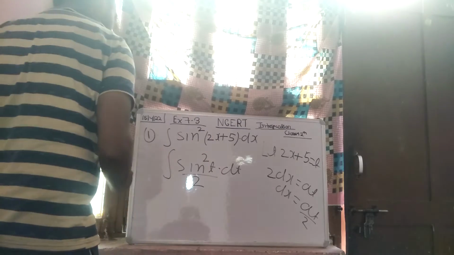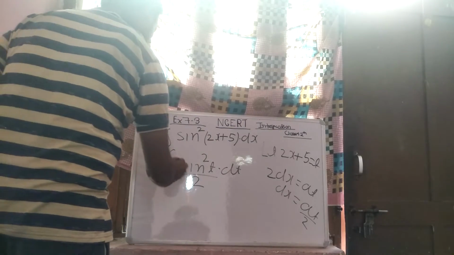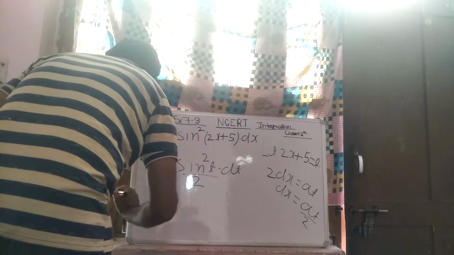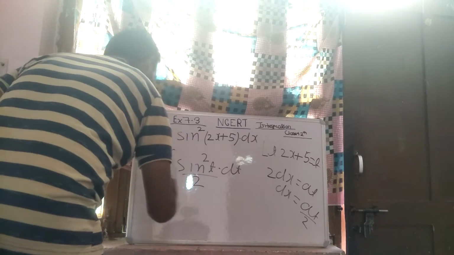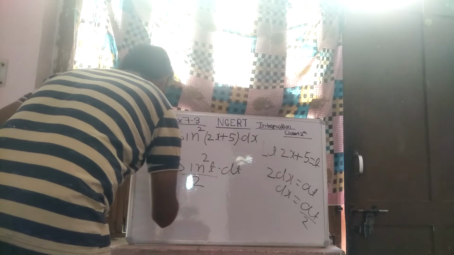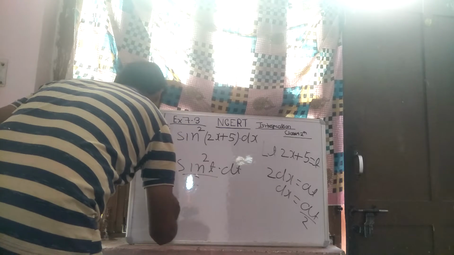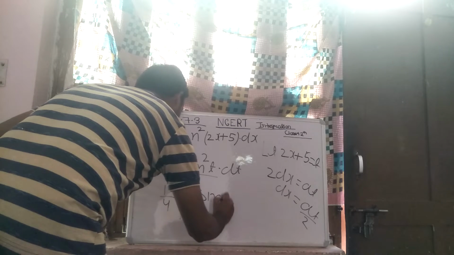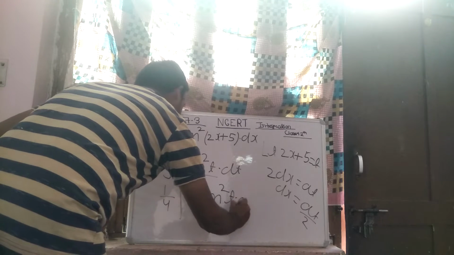Upon 2. Okay, and here the formula is sin square t equal to 1 upon 2 times 2 sin square t, so we multiply, and this is 1 upon 4 times 2 sin square t into dt.